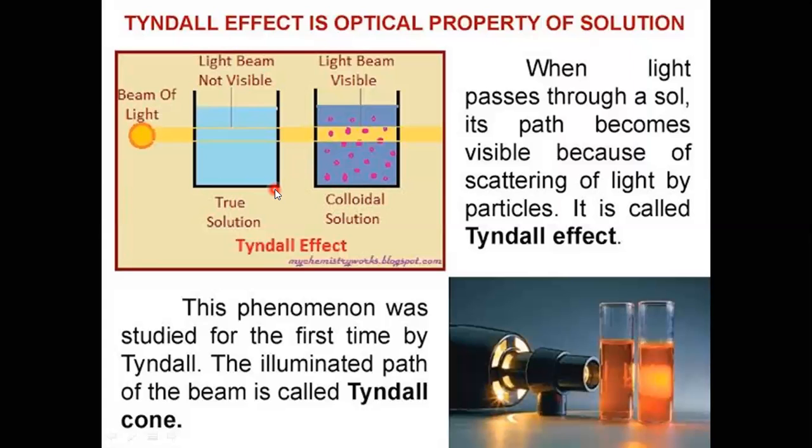So, the scattering of light by colloidal particles in their path is the Tyndall effect. For example, the visible beam of a headlight in fog is caused by the Tyndall effect. The smoke from motorcycles is also an example of the Tyndall effect.